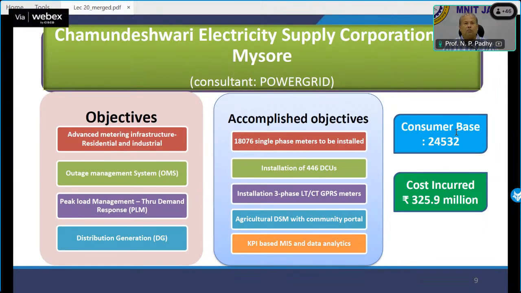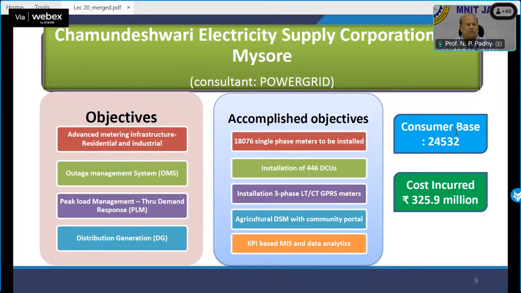Then we had one more project, Chamundeshwari Electricity Supply Corporation Limited, Mysore. There also a similar kind of Power Grid initiative was carried out with an investment of 325 million, and the consumers who benefited were approximately 24,000 people.